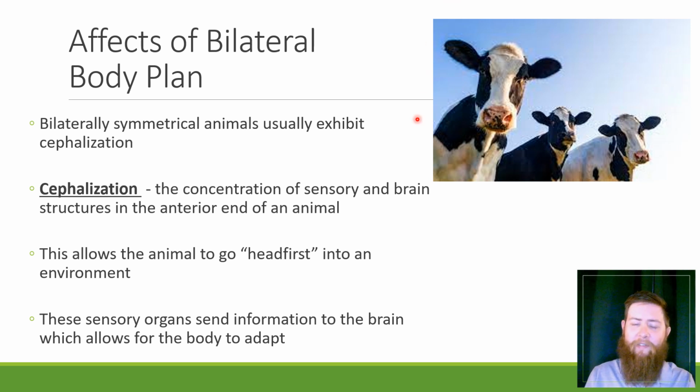And then she can make decisions based on that information that's coming to her brain, which is right in the front there too, and change how her body moves to adapt to whatever situation that she's in. So cephalization allows animals to see what's happening as they're moving into it instead of being stuck at the back end trying to navigate, look over your body. It's not in the way if your head is in the front.